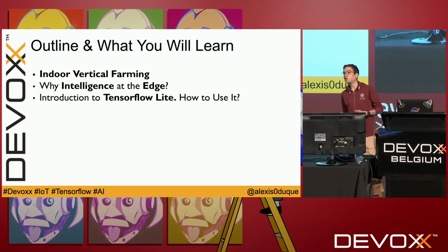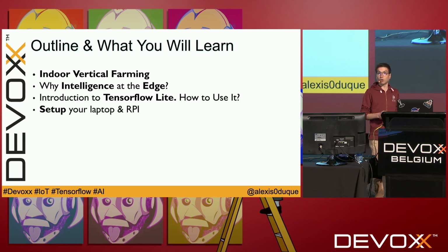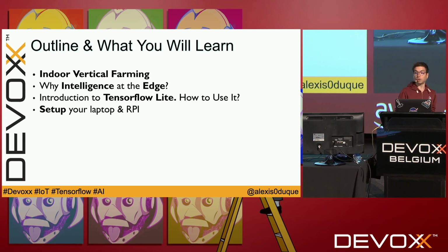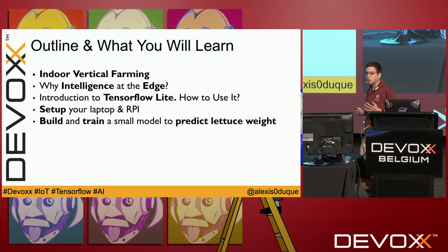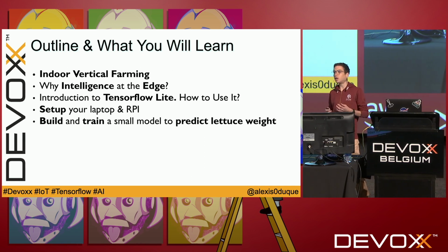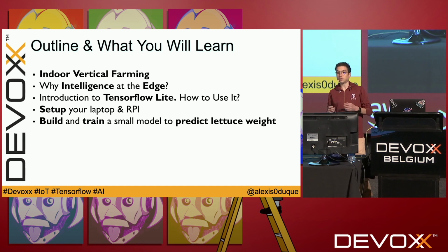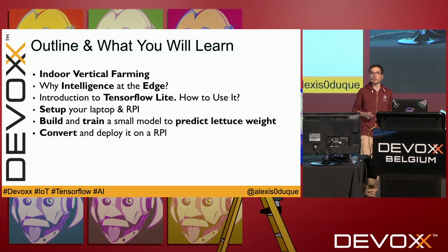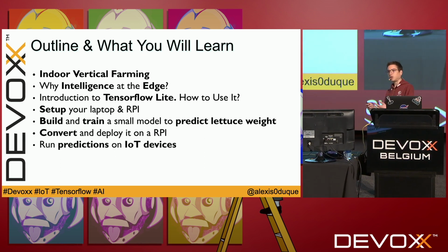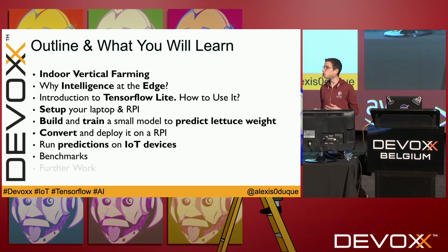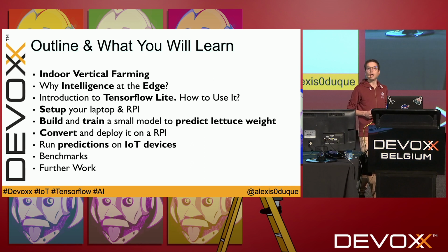I will try to introduce TensorFlow Lite and explain how to use it, and how to set up a Raspberry Pi to use TensorFlow Lite, how to build a very simple neural network model, train it to predict the lettuce weight, then how to convert this model and put it into the Raspberry Pi, run prediction on an IoT device, and finally I will show some benchmark to discuss the performance and further work. That's mostly the research right now.